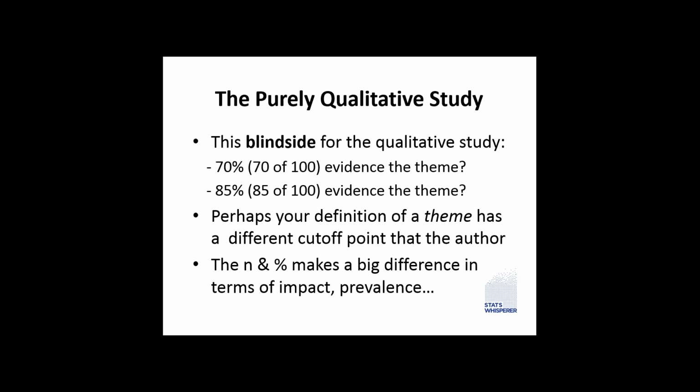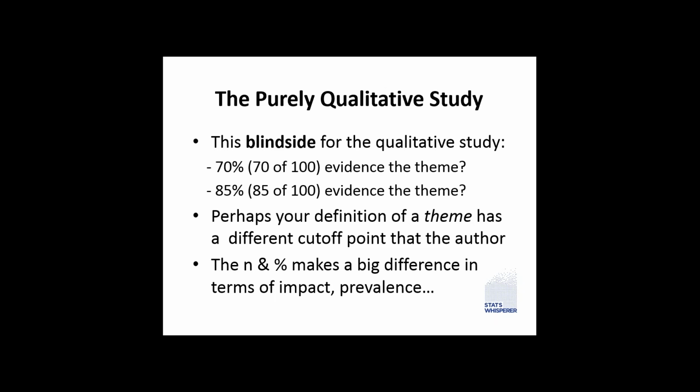number and percentage. And also, the number and percentage makes a big difference in terms of impact and prevalence, right? So if it's a theme at 70% and 70 people say it, that's fine. But if 98 people out of 100 say they have the same worry, that's a big difference in terms of prevalence and impact.